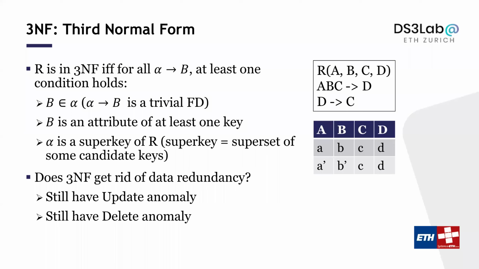D could be a key, but you cannot prove it. There are relation instances where D is a key, but there are also relation instances that satisfy the two functional dependencies where D is not a key. That's not something you can derive from these two functional dependencies.